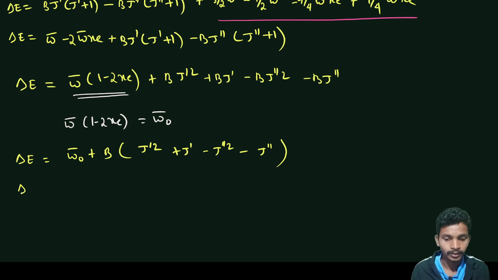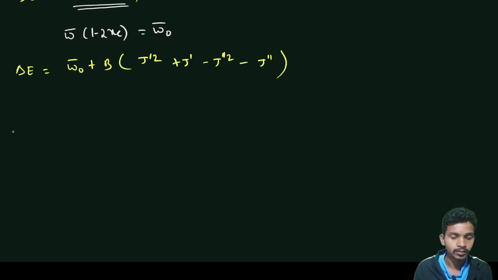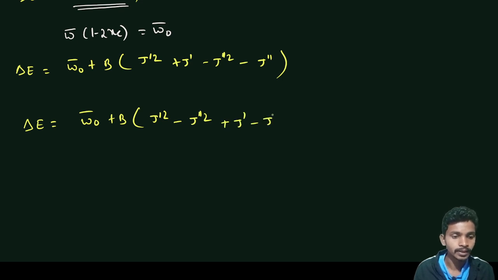So delta E equal to omega naught plus B. So here if we take that j dash square minus j double dash square plus j dash minus j double dash. Okay, so now omega naught plus B.